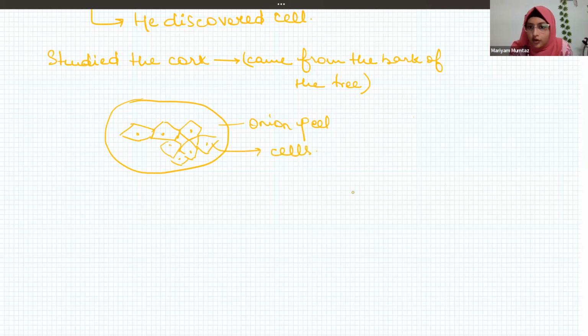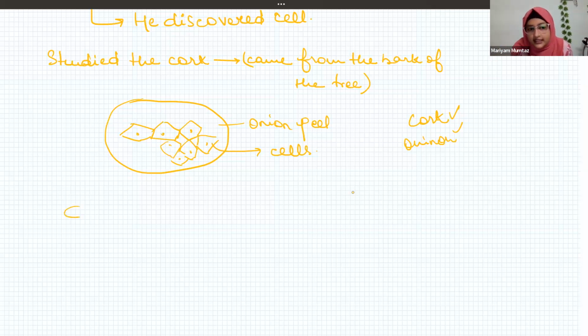We saw it in cork, and now we are seeing it in onion also. Here we saw that there is a regular pattern repeating in different cells. For cork it was different, but inside the cork all the compartments were the same. Again, for onion it was different from cork, but all of the compartments were the same.